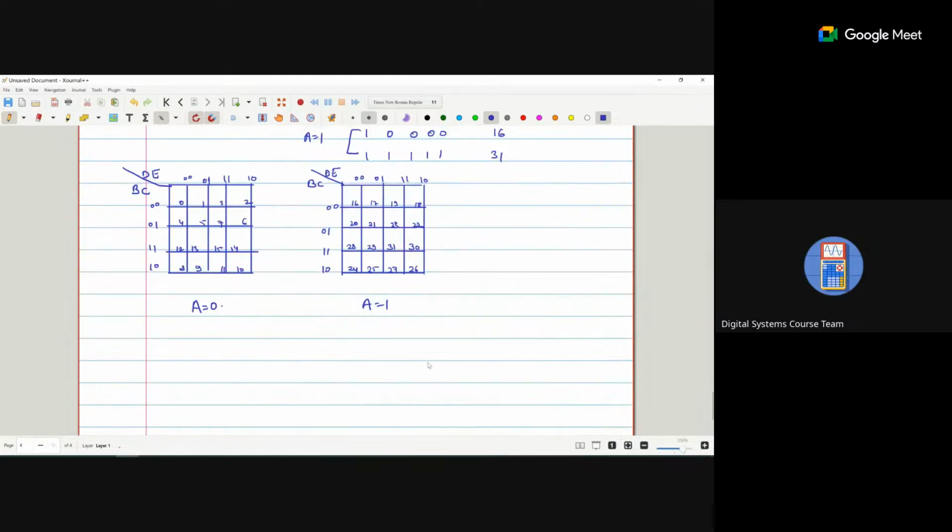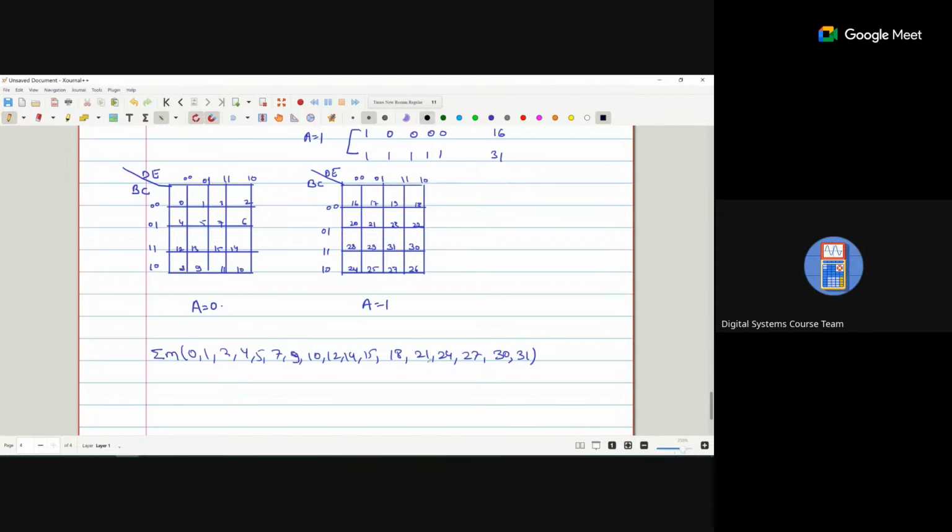For example, I am taking one example: sigma m 0, 1, 2, 4, 5, 7, 9, 10, 12, 14, 15, 18, 21, 24, 27, 30, and 31.